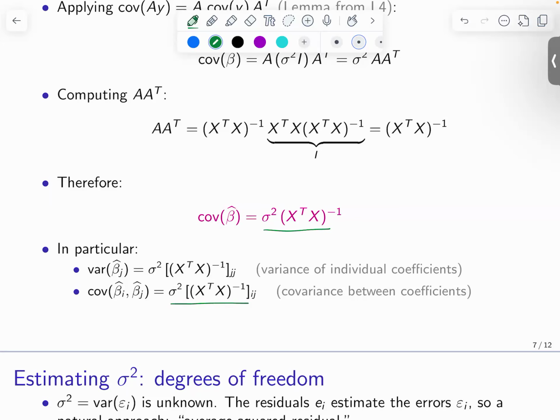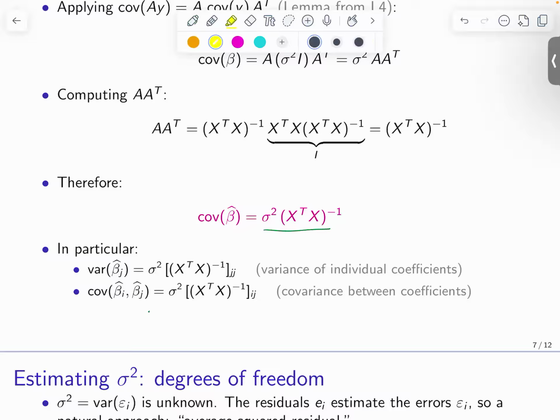So the variance of beta hat J would be sigma squared times the J-th diagonal element of X transpose X inverse. Hopefully these are clear. We're going to use these, but the covariance matrix has a lot more information than just these, as we'll see.